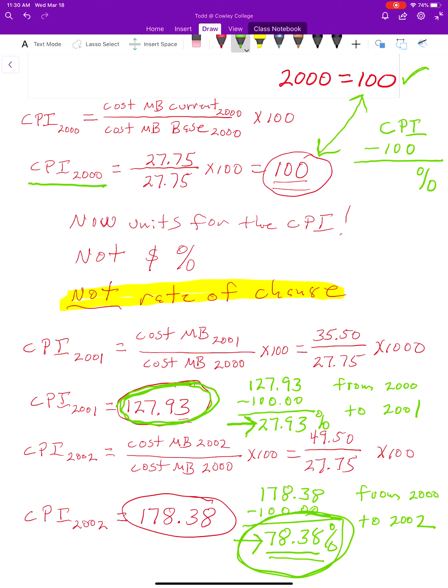The CPI says if you bought that market basket in the year 2000 and you buy the same market basket in the year 2002, it will now cost you $78.40 more than what it did in the year 2000. So that's what we mean by it is not a rate, it is not a per year change. It is only applicable from the base year. All right, so very good.